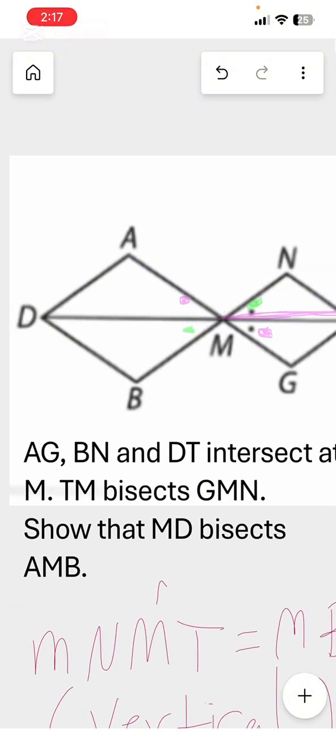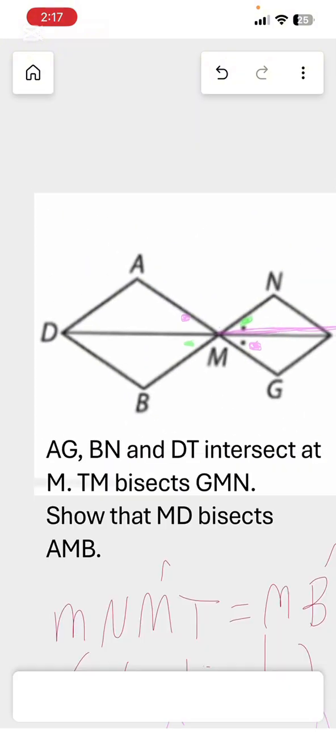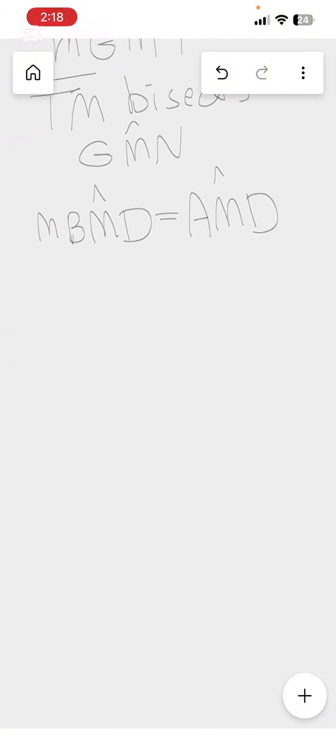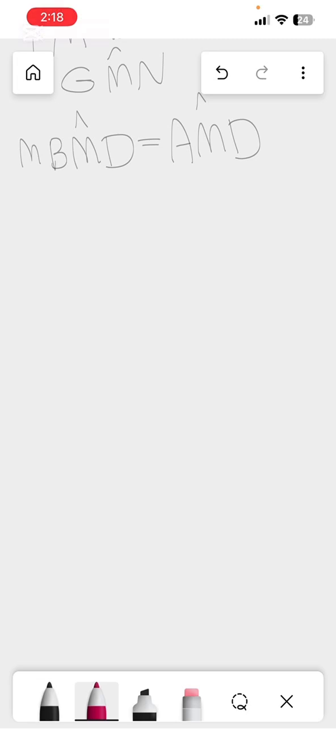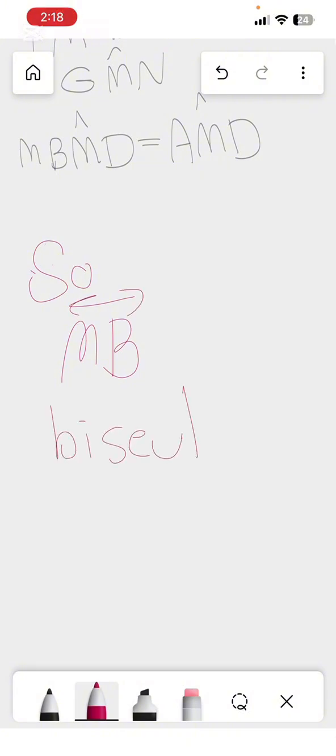Let me show you in the figure. BMD is this one, and this angle BMD is equal to AMD, this one. So I have proven that since these two angles are equal, MD is the bisector for AMB. So at the end of the question, we write, so MD line bisects angle AMB.